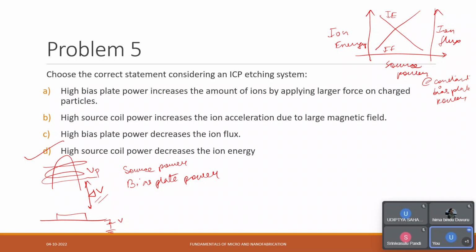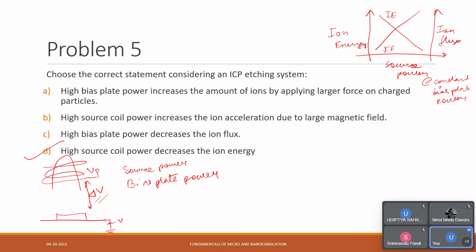In this kind of question, most of the permutation combinations, like what happens with the ion energy and what happens with the ion flux, can be derived from this diagram, which is only valid for the source power.